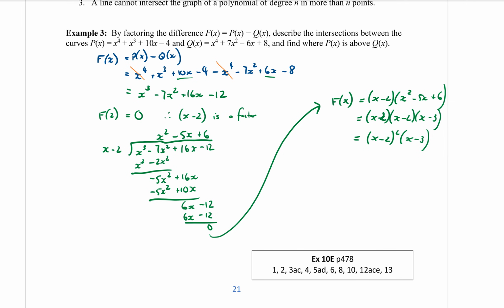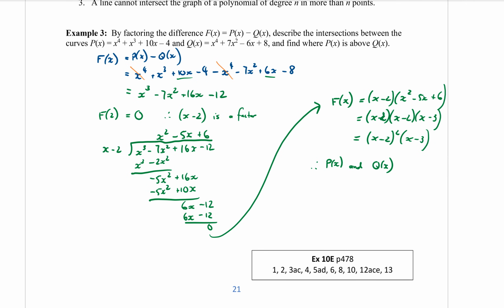Now what that means for my two curves: the factorized version tells me where the two curves intersect. So p of x and q of x are going to intersect at 2 and 3. But the degree of the root also tells you something.